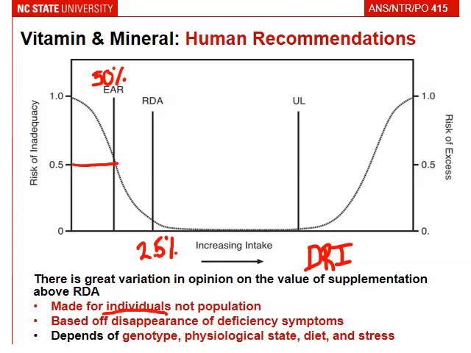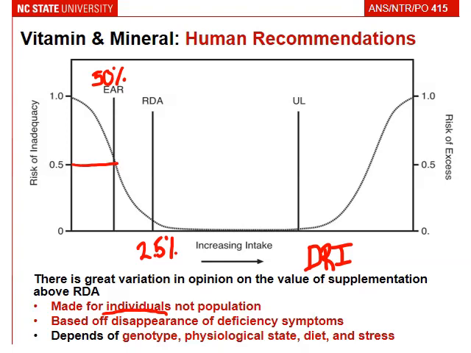So you will never have a recommendation that is the best for all people, because it really depends on all those various things from the previous slide: your age, your physiological state, your inborn errors in metabolism, medications, etc. So we'll never have this completely be at zero.